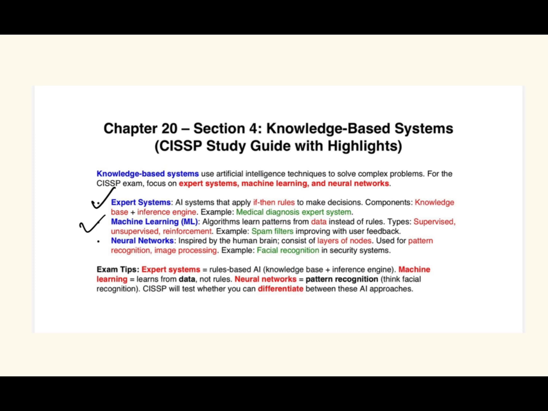Types: supervised learning, labeled data; unsupervised learning, find patterns without labels. If we label the data, it's supervised learning. If we do not label it, it is unsupervised learning, which finds patterns without labels. Reinforcement learning learns via reward and feedback.